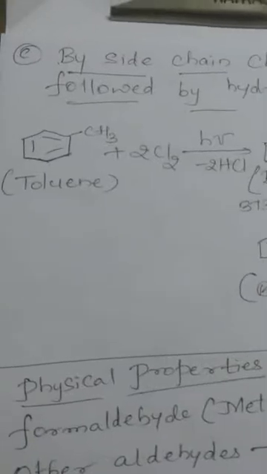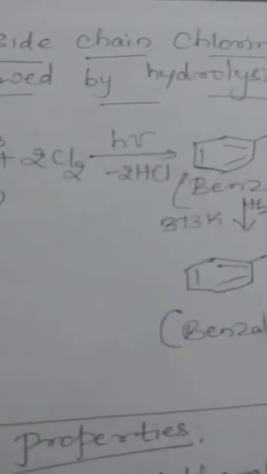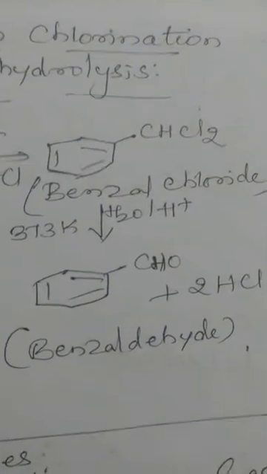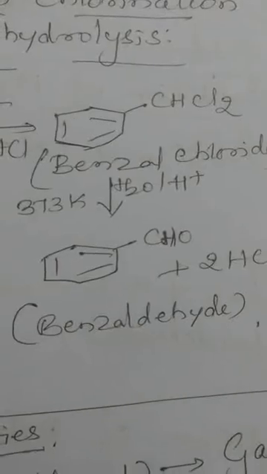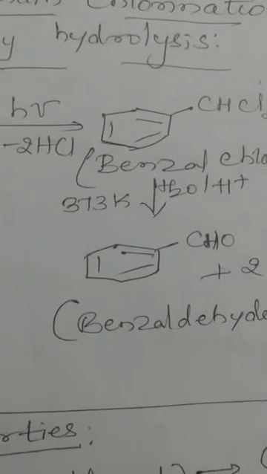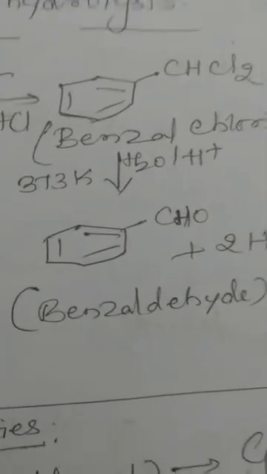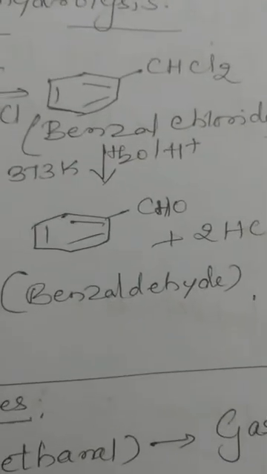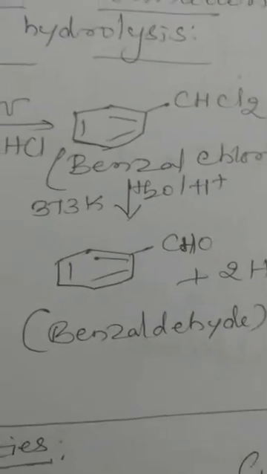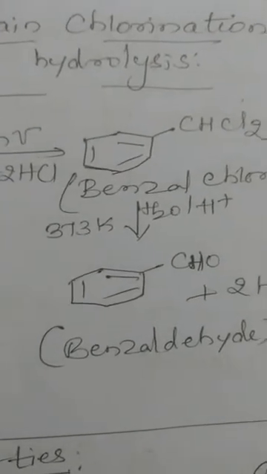The two hydrogen atoms of the methyl group are once again replaced by chlorine, and you will get C6H5CHCl2, which is called benzal chloride. And this, at a temperature of 373 Kelvin, on hydrolysis, acid hydrolysis in particular, gives the aromatic aldehyde benzaldehyde. So once again, from toluene there are three methods of obtaining the aromatic aldehyde benzaldehyde.